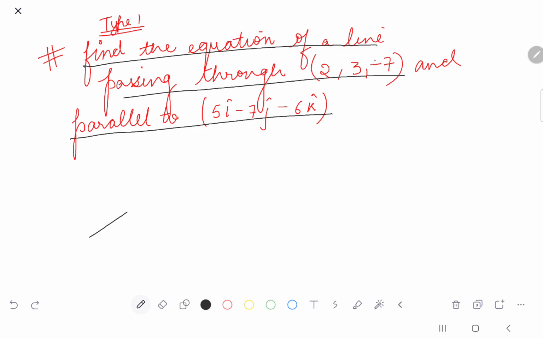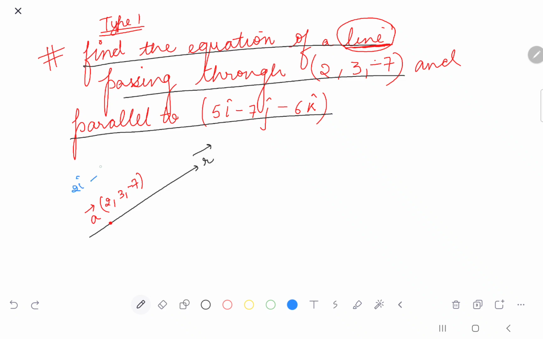So let us suppose this is the line R, whose equation I'm supposed to find. And this line is going to pass through the point (2, 3, -7). That's my point A. Are you understanding? Yes, ma'am. Point A shall be (2, 3, -7). So how can I write down point A?